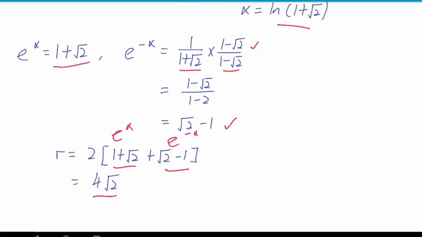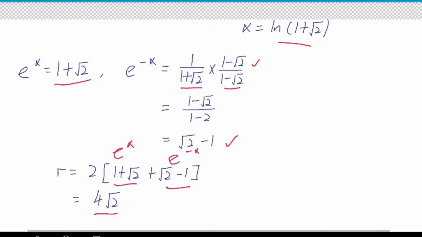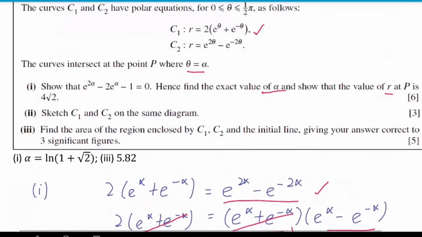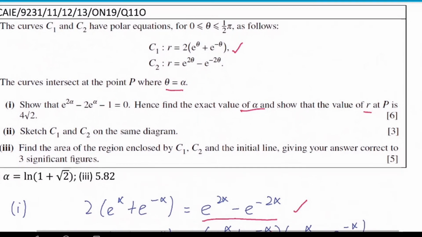A bit of work that we need to do for the first part. The longer questions are designed in such a way that if, touch wood, we don't know how to do the first part, we still can use all these results to continue further. So we don't have to worry too much about it.